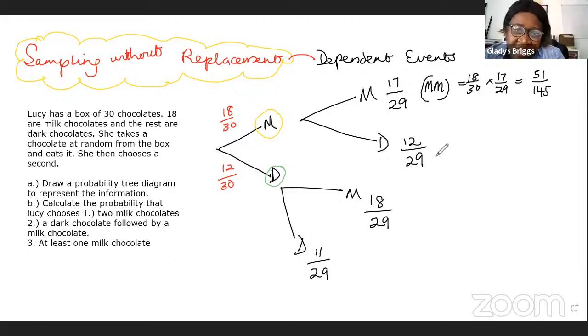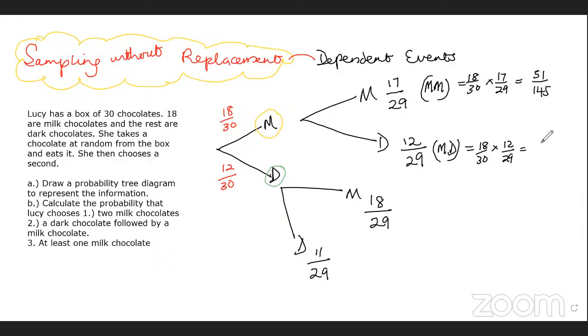Okay. And this would be milk chocolate and dark chocolate. That would be 18 over 30 times 12 over 29. And what's that then? 36 over 145.